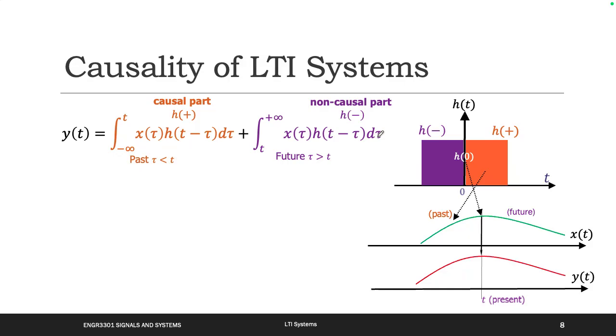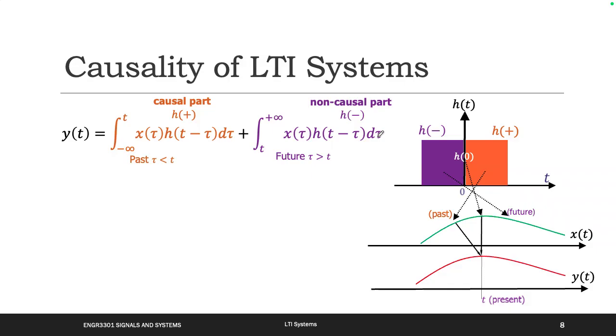This part, the causal part, is involved with the past part, and this part is involved with the future part, based on the equation. That makes sense to you, am I right? This part combines with the future part, and that part combines with the past part, and this is just the present time.